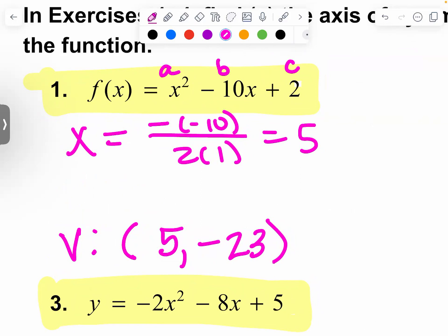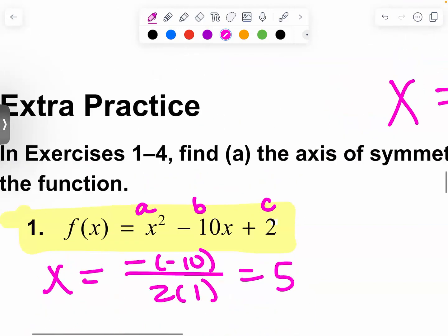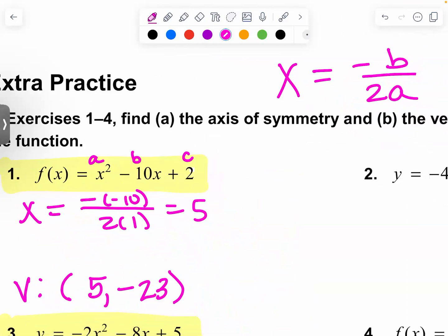Okay, Kara, do you see how this is b? And I put negative b. For a, there's no number, so we know it's a 1. So what do we do with the c?